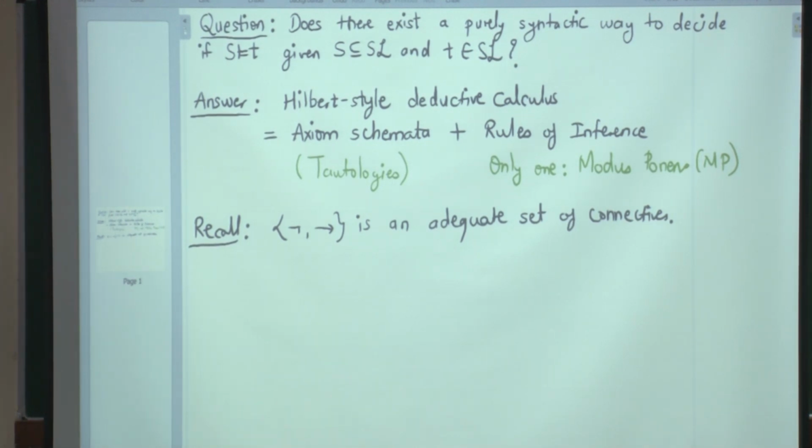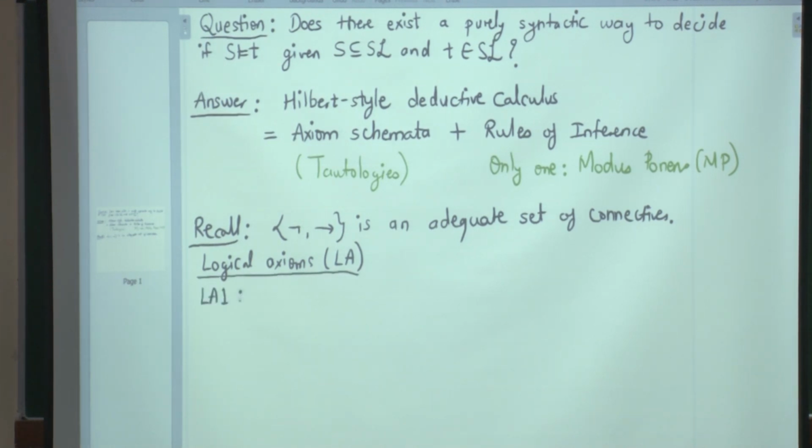Okay, so what are these axioms? So we are going to call them logical axioms, and short form is LA. So these logical axioms, there are 4 of them.